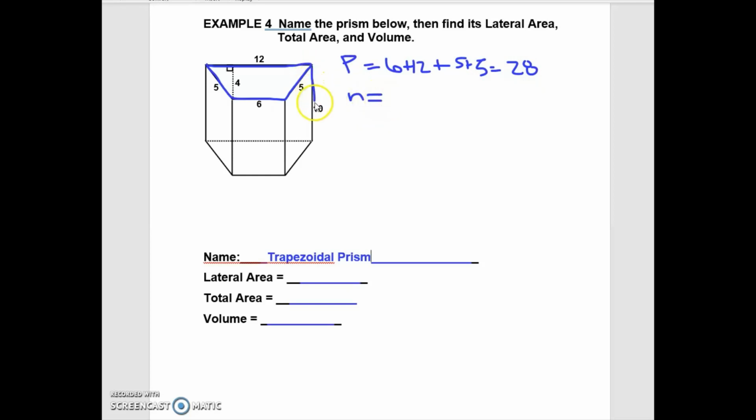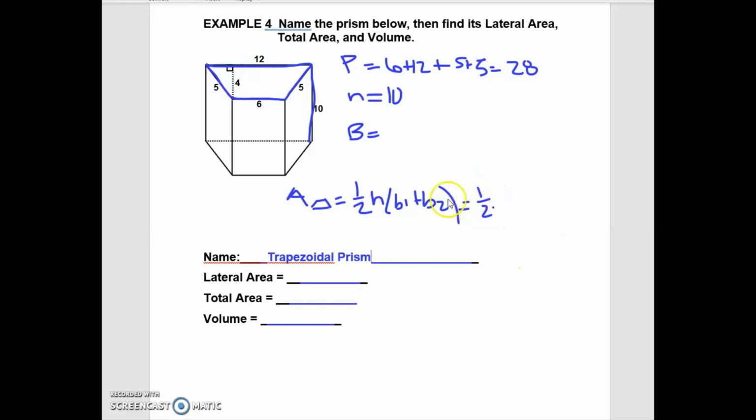Our height is going to be this length here, so that's 10. Now we need to find the area of the base. The area of a trapezoid is 1/2 times the height times base 1 plus base 2. I know it's kind of long, but we should remember it from before spring break.